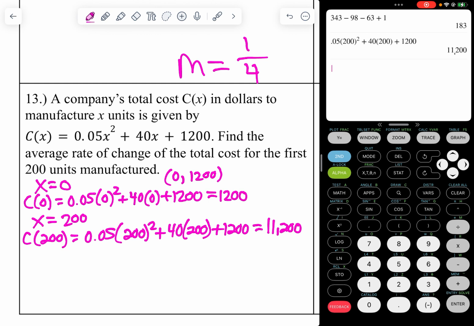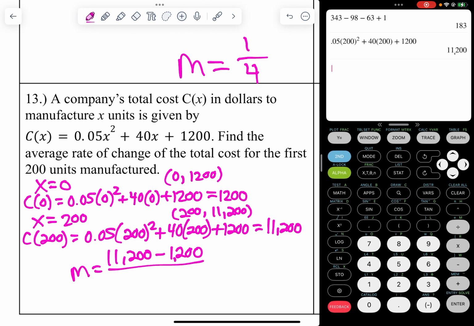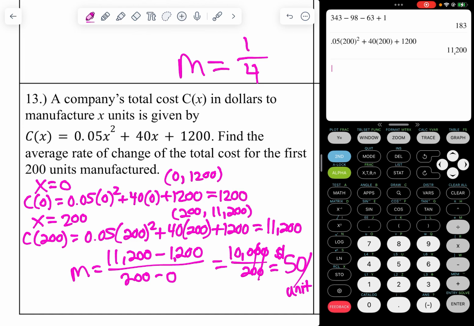So our coordinate pair there is 200, comma 11,200. And so if we plug into slope formula, we'd have 11,200 minus 1,200 over 200 minus 0. So we'd end up with 10,000 divided by 200, which will give us 5. Or sorry, 50. One too many zeros. 100 divided by 2 would be 50. So $50 per unit is how much it costs to manufacture for the first 200 units that you're manufacturing.